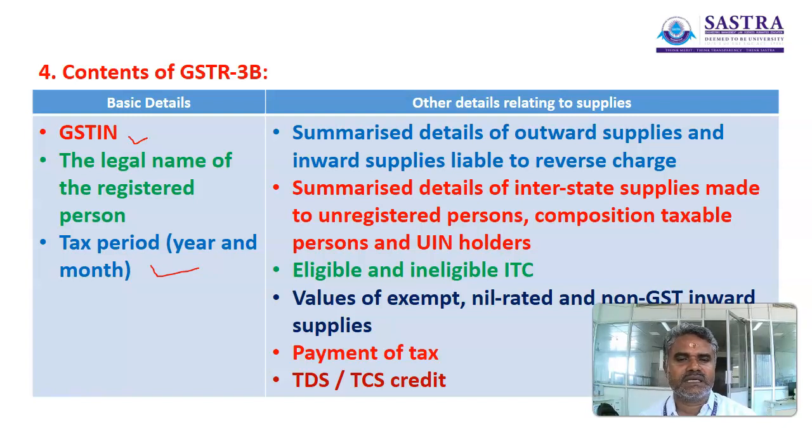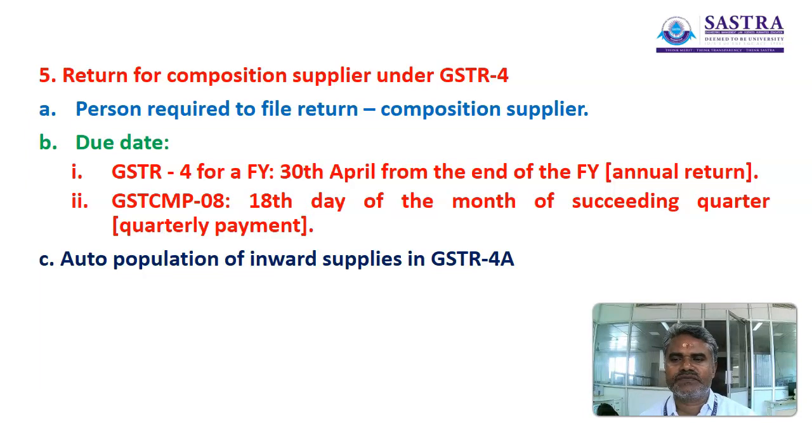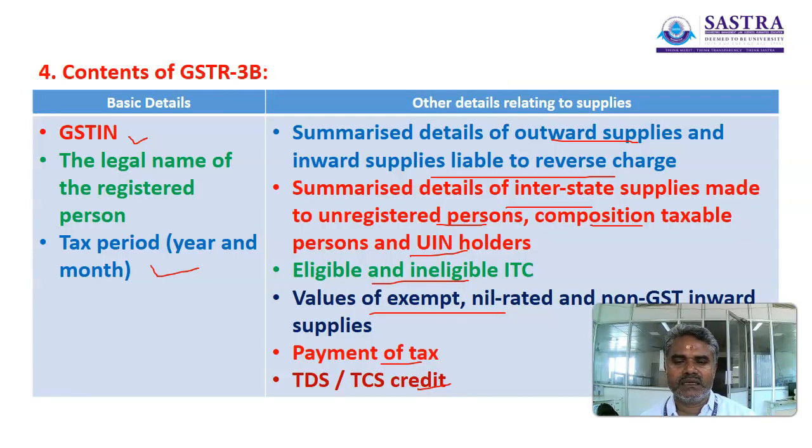Summarized detail of outward supplies and inward supplies, summarized interstate and intrastate, then unregistered person, composition scheme, then UIN holders, unique identity number, then eligible and ineligible ITC, value of exempt, nil rated, everything, payment and TDS and credit. These are the information already shown to you. This information is available in Form 3B, you see, Form 3B, okay.